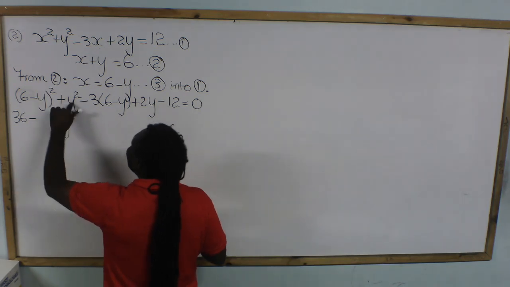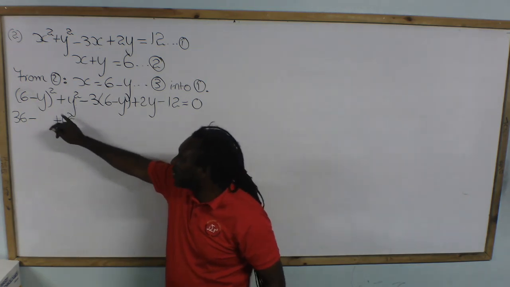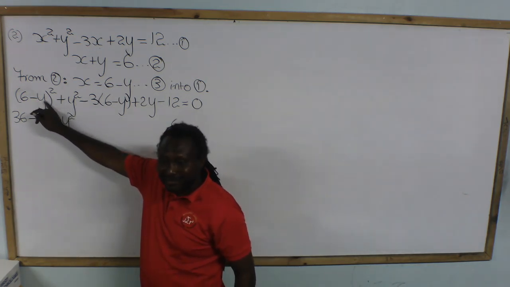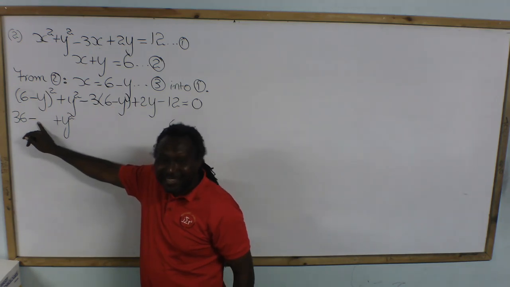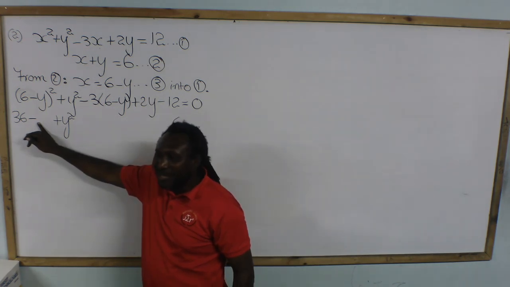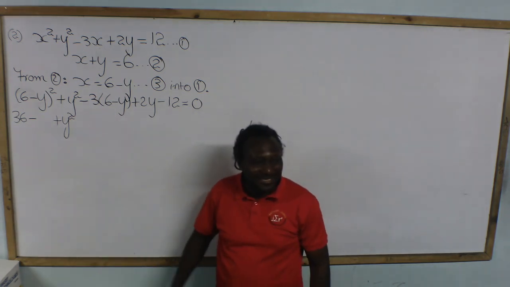Plus y squared. Not this one. The one that comes from inside the brackets, correct? It seems as if I'm leaving space here. Yes. And I'm doing so for a good purpose. A good and wise purpose. What should go here? Oh!